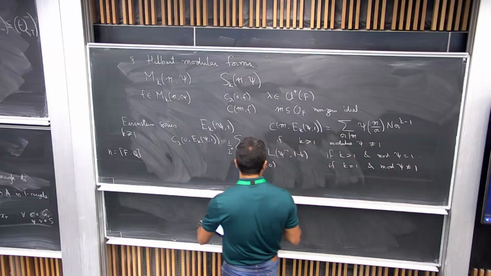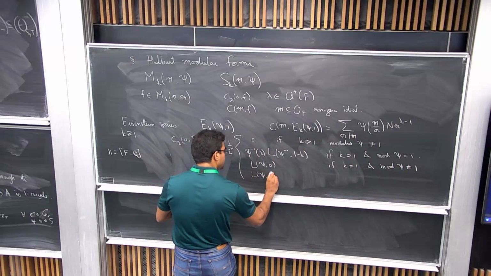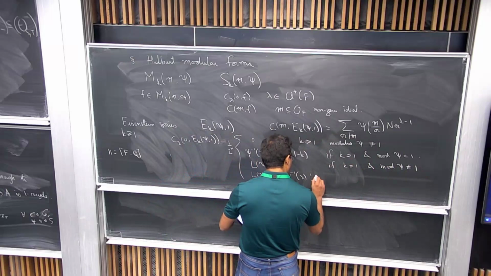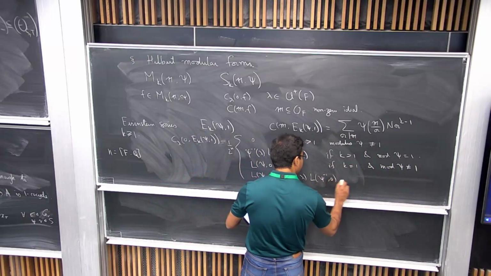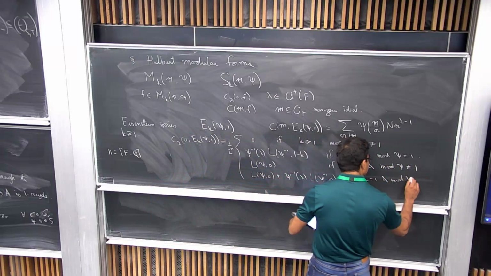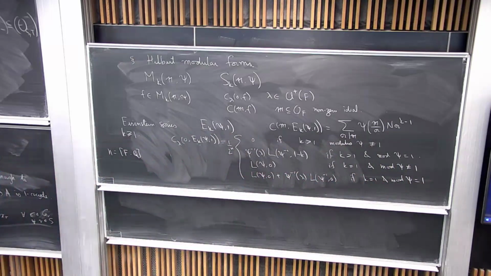But if the modulus of psi is 1, you get two terms: this plus psi inverse of lambda times L(psi inverse, 0), if k is equal to 1 and the modulus of psi is equal to 1. So that's the Eisenstein series.